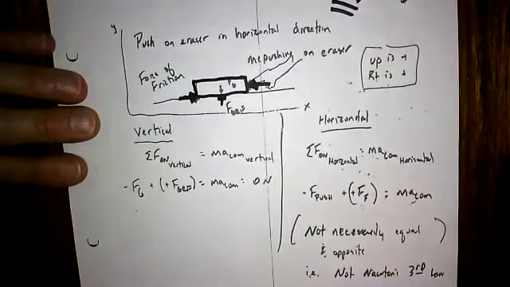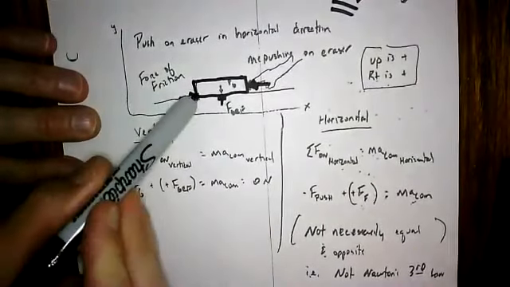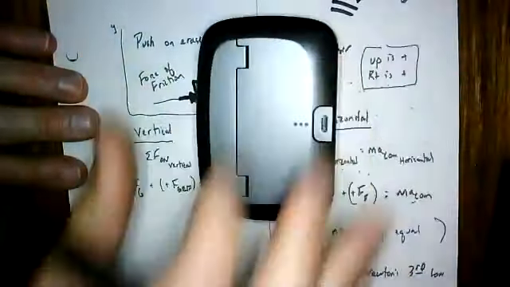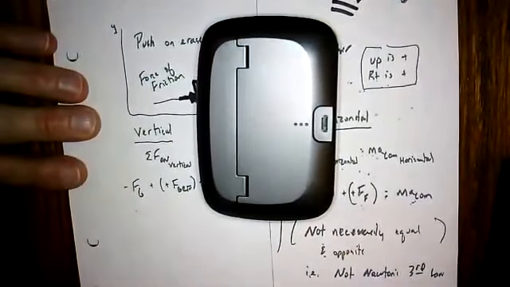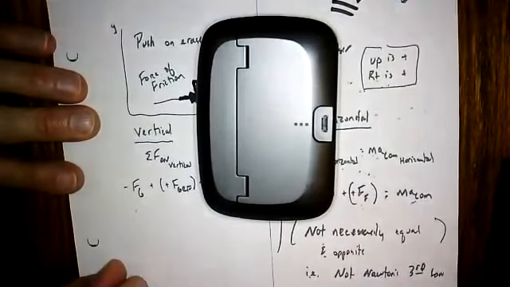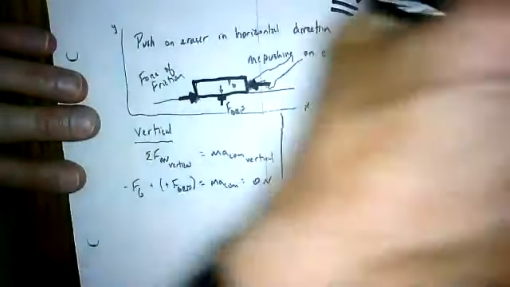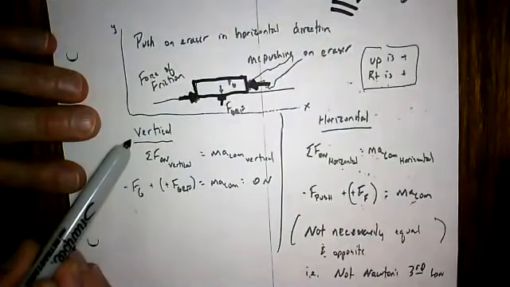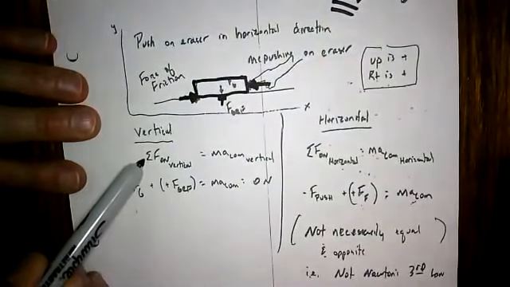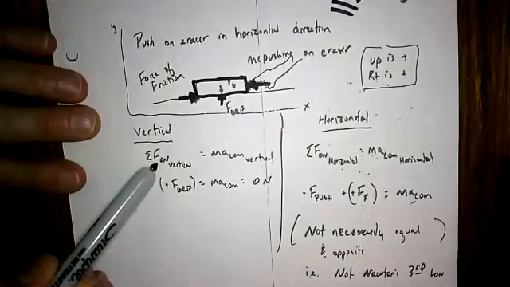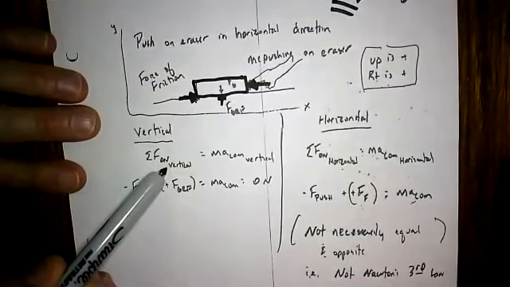If I'm interested, for whatever reason, in the vertical movement of this object, again, you're looking at this top down, but the vertical movement, there's no vertical movement of this object, even if I'm pushing on it and moving it. But if I am interested in the vertical movement, I would add up all the forces acting on the object in the vertical direction.